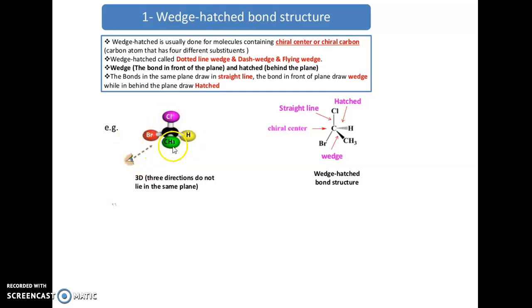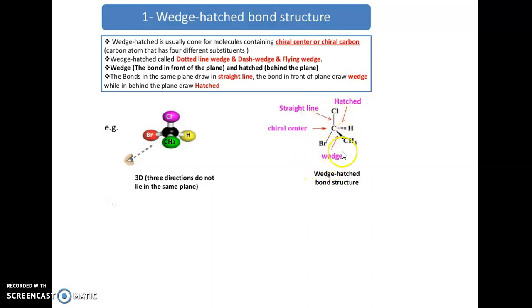In the 3-dimensional model we can show it like this, and if you want to represent the same by the wedge-hatched bond structure, the carbon chlorine bond and the carbon bromine bond are in the same plane, so they are shown by straight lines, whereas the carbon hydrogen bond which lies behind the plane is shown by a hatched line, and the carbon methyl bond, present in front of the plane, is shown by the wedge.